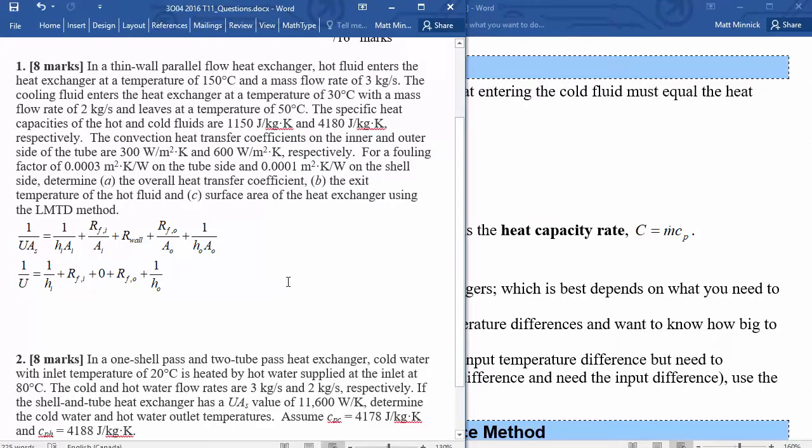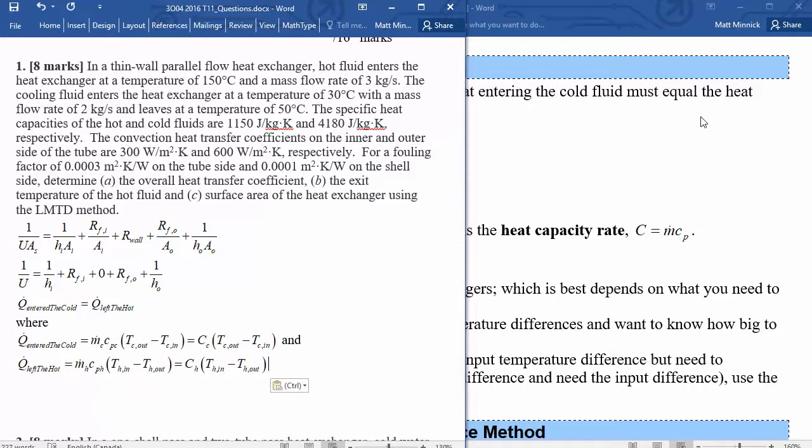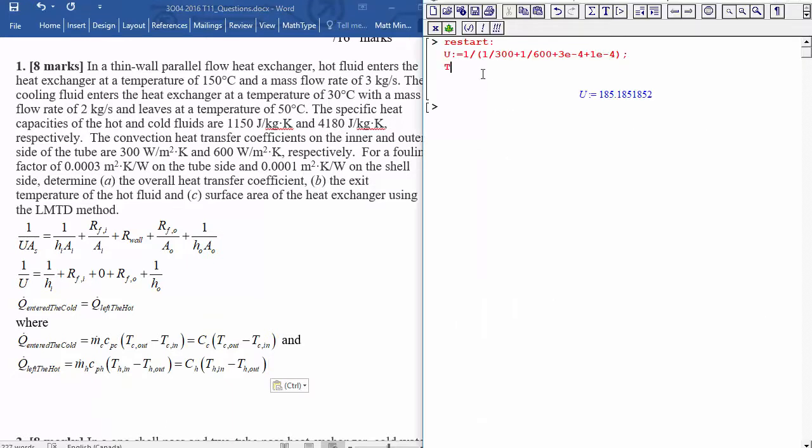So if we take that piece of information and put that in there just to continue summarizing the theory, we are going to need to write down these temperatures that we've got. So we've got T_h,in and m dot hot, which is 3. T_c,in, the cold fluid entering temperature, is 30, and the cold fluid mass flow rate is 2.